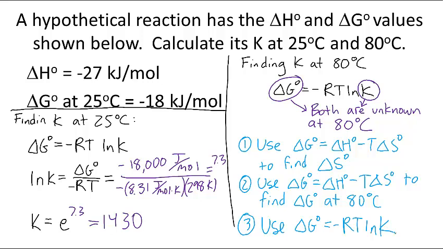But because I don't know delta G naught, the step before that is going to have to be finding delta G naught. In order to find delta G naught, I need delta H naught minus T delta S naught. I wasn't given delta S naught, so then I have to go back to step 1. Step 1 is going to be finding delta S naught. So really, the thought process goes in reverse order here. Think about where you want to get to, and then work your way back until you get back to the information you have.